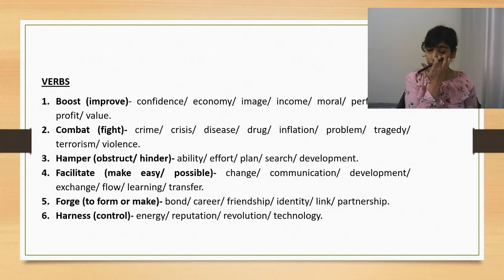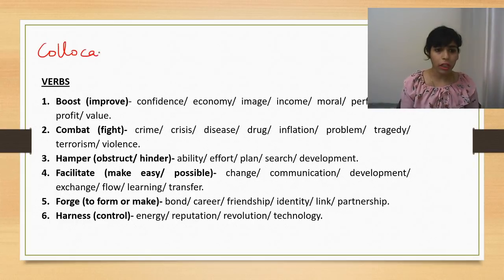So before proceeding further, I would like to mention the meaning of collocation. Guys, collocation is basically words used with a particular verb, noun or adjective. So, for example, we have a verb here and the verb is boost, and boost means improve.